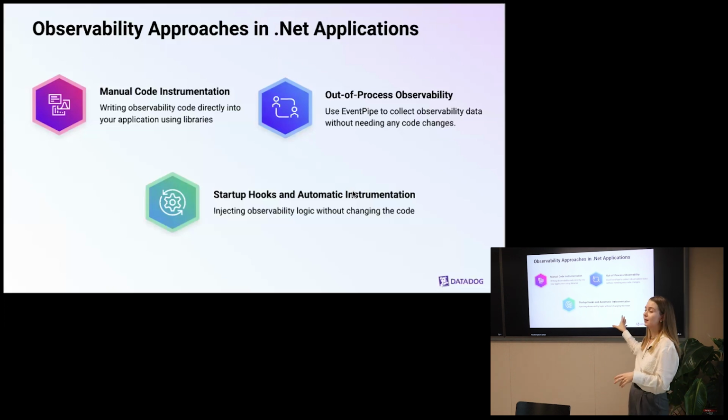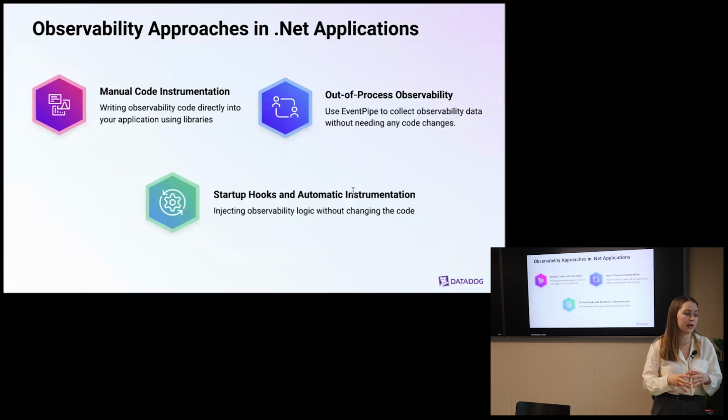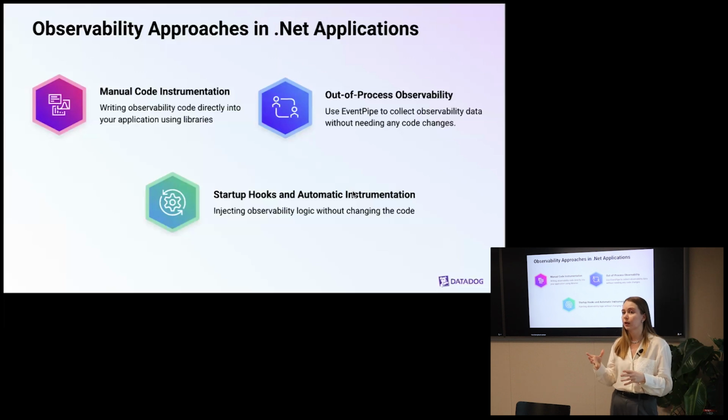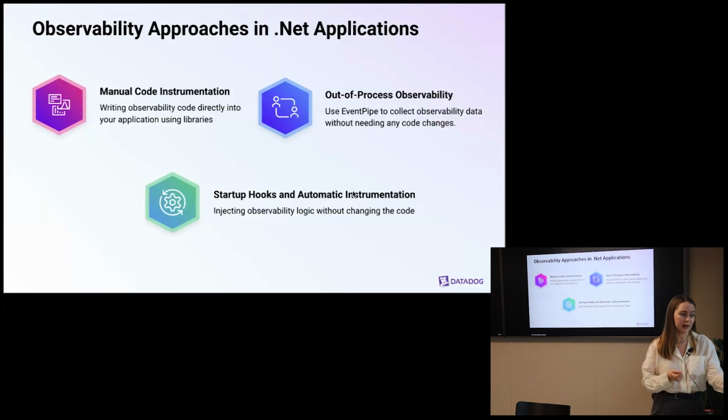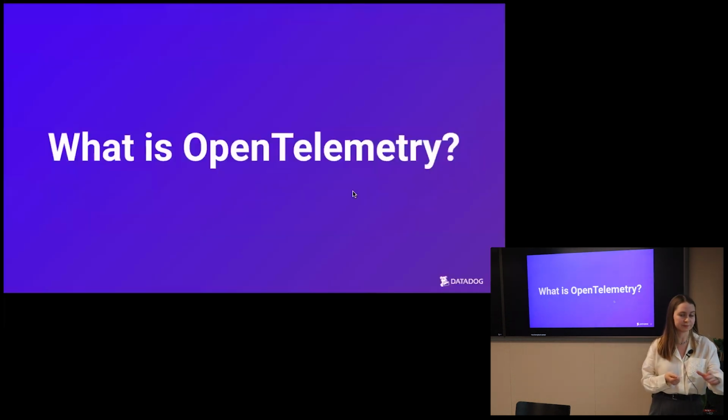Okay, and the last option that I put together is startup hooks and automatic instrumentation, and this is basically a more out-of-the-box way to do that with an agent. And this is the way to go where you don't have access or you don't want to modify the application. You will go with the third option.